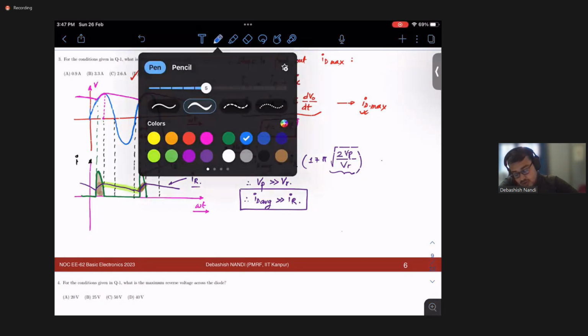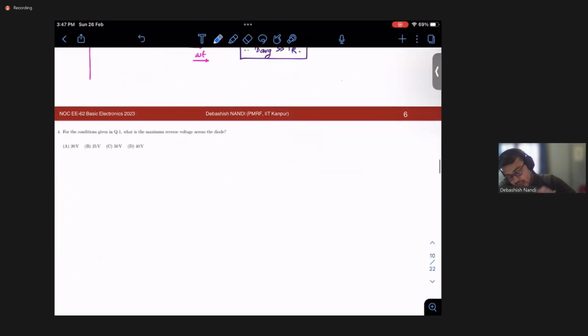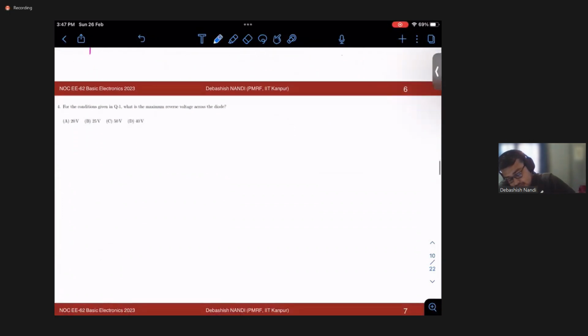Okay, so moving on to the next problem. That is, what is the maximum reverse voltage across the diode? My diode is an ideal diode, right? So let me again draw the circuit. This is a capacitance. This is a resistance.